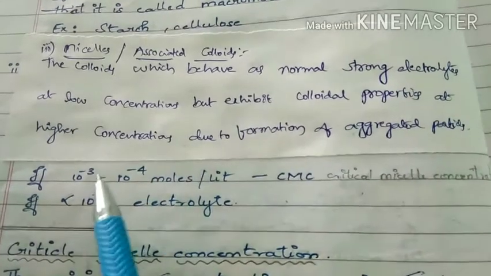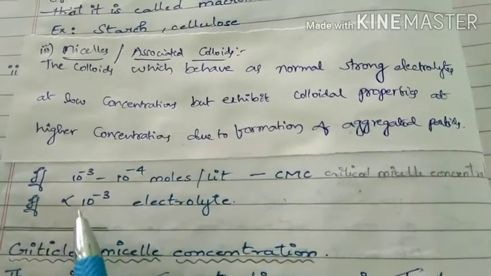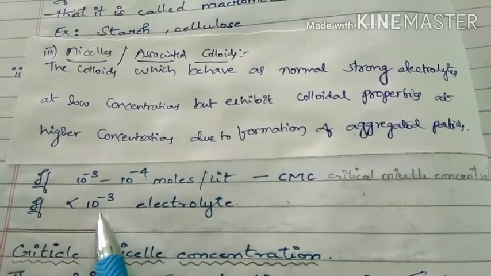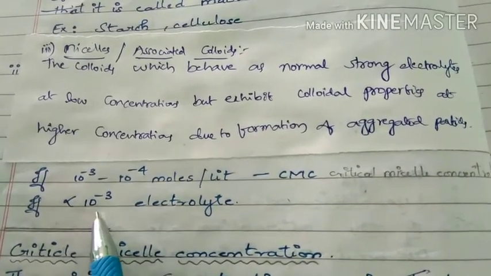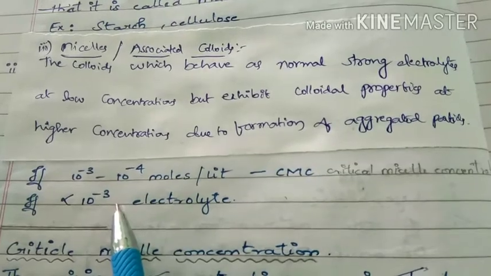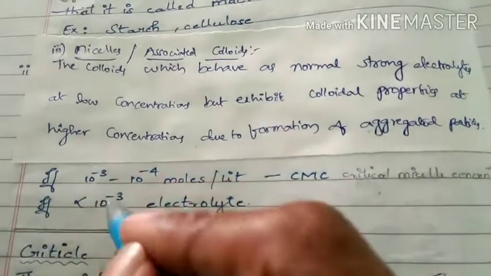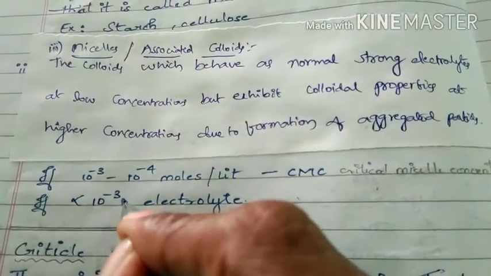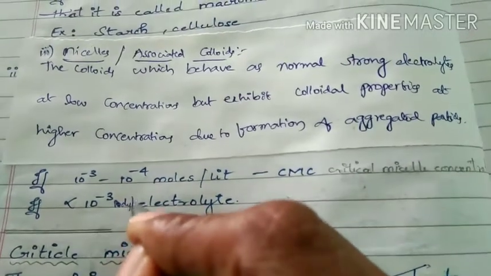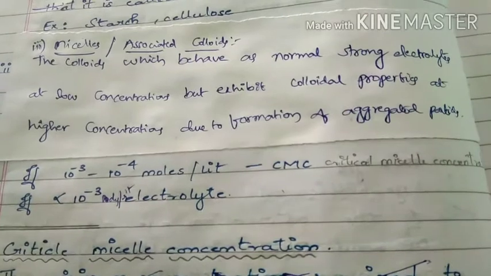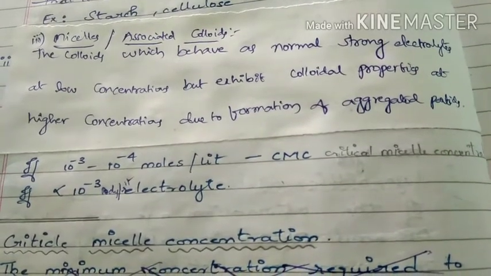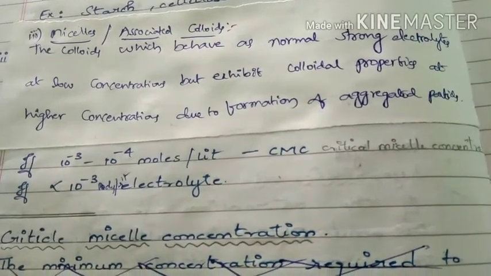Its meaning is, if its concentration is less than 10 to the power of minus 3, which concentration? If soap concentration is 10 to the power of minus 3 moles per liter, then that soap acts as an electrolyte.